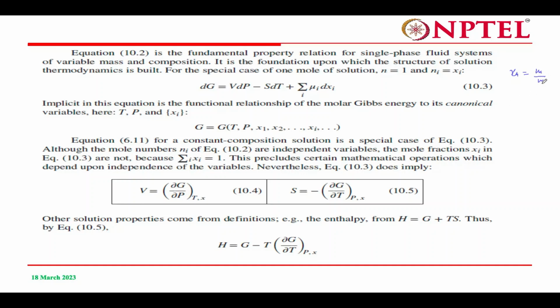Here n is equal to 1, so replace the ni terms by dxi here. Now the summation of xi is equal to 1, so you will get this term.